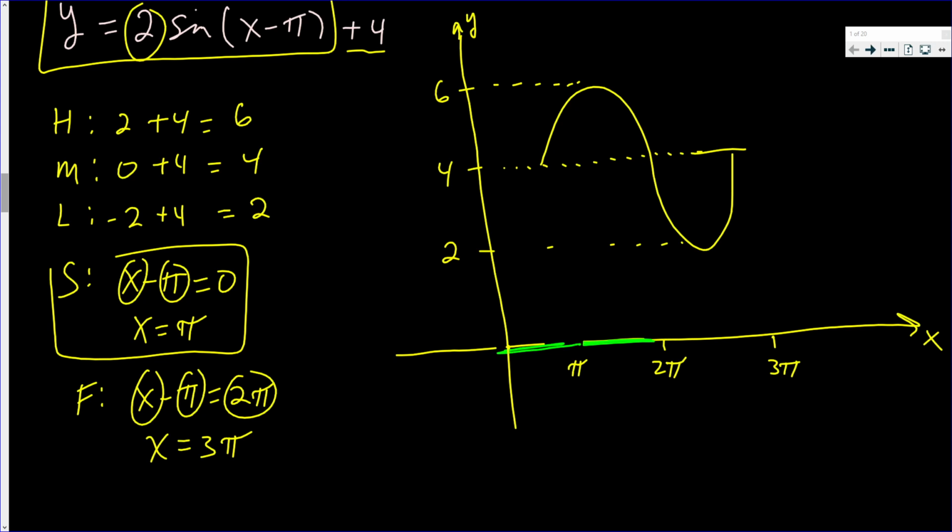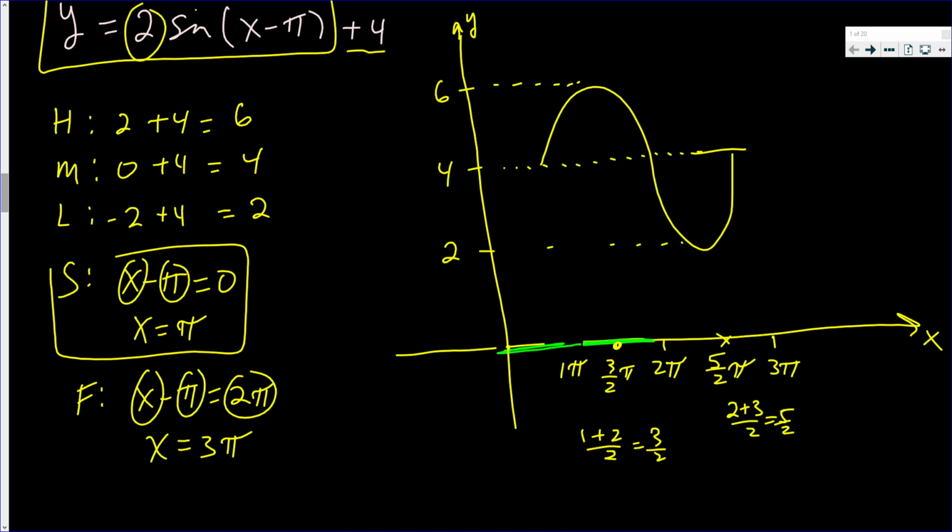Okay. So what's in between 1 and 2? 3/2 pi. Again, you can add the 1 and 2 and divide by 2. What's in the middle of 2 and 3? You can add them up and divide by 2. It's 5/2 pi.